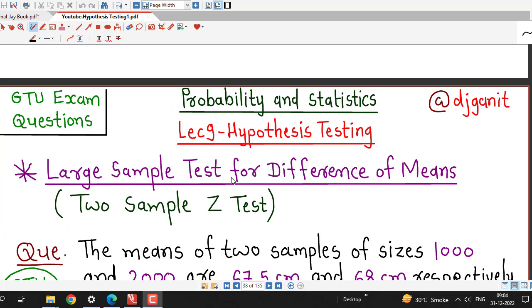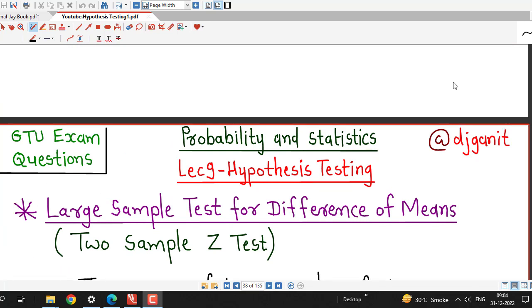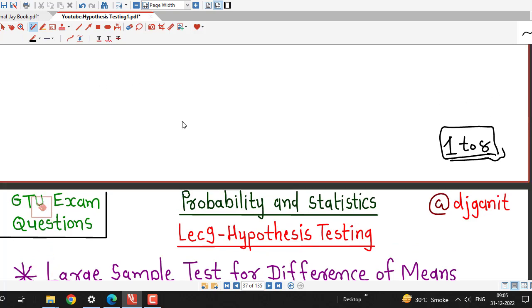So if you have not seen lectures from lecture number 1 to 8, I suggest you watch those lectures first and then go for these lectures, because all the topics are dependent and we should first start with large sample test for single mean, and then we should go for large sample test for difference of means, because this two sample Z test is generalization of single sample Z test.